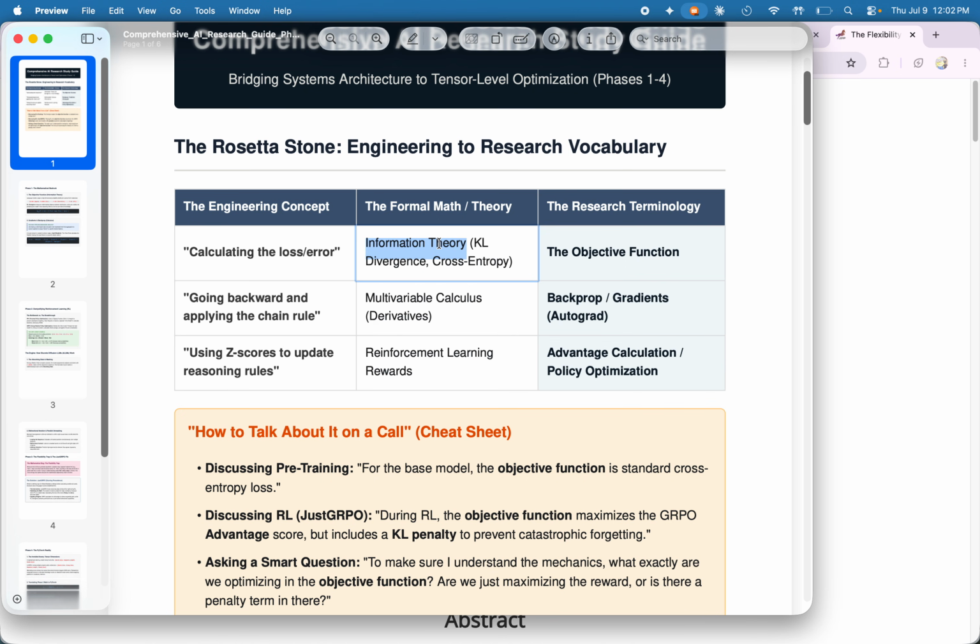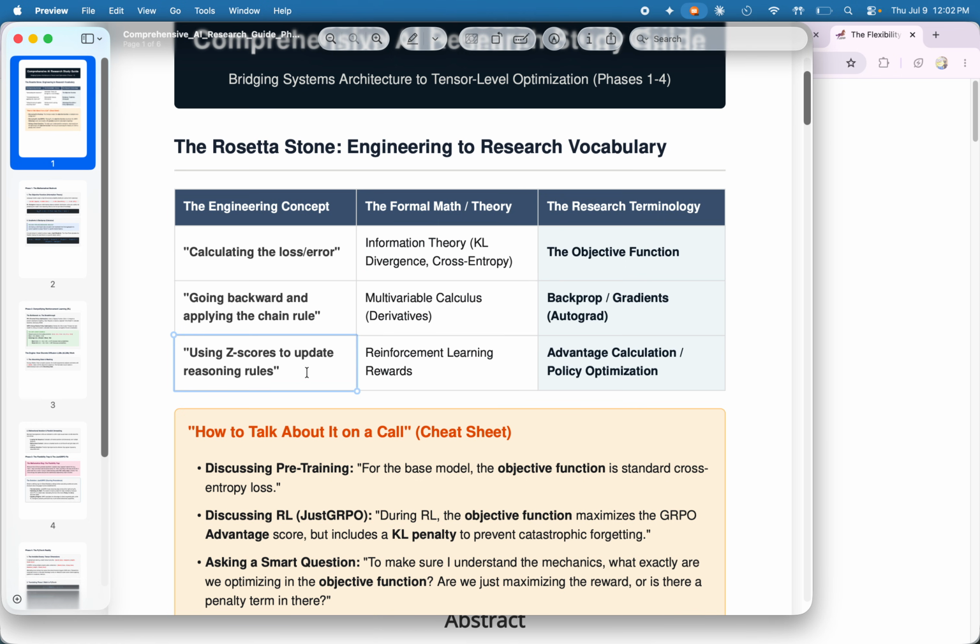In formal theory, they call it multivariable calculus because it has multiple variables. For each layer we have d layer 1, d layer 2, divided by d layer weight, something like that. So it's a derivative, multivariable calculus. In research terminology, they call it backpropagation, or gradients, autograd.